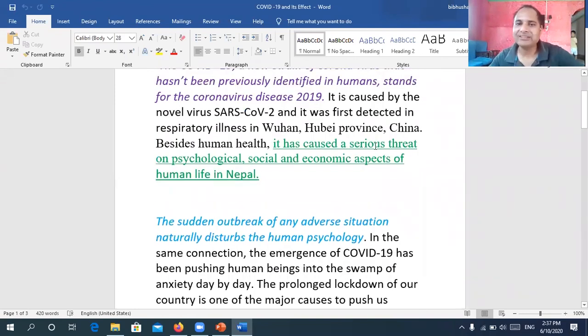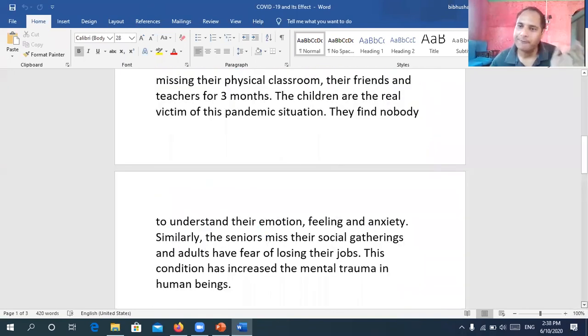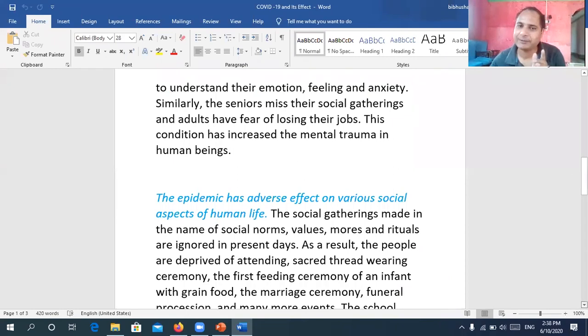It has caused a serious threat on psychological, social, and economic aspects. It has been designed to talk about only three aspects of our life. And we have already discussed these three aspects, meaning our essay is almost complete. Do you believe it? What is described inside, you could learn by looking at the first sentence of each paragraph.